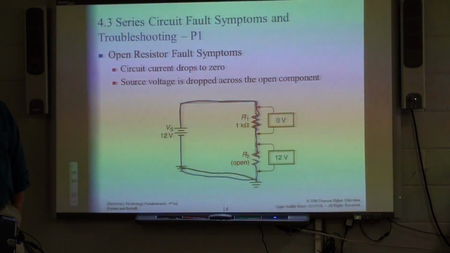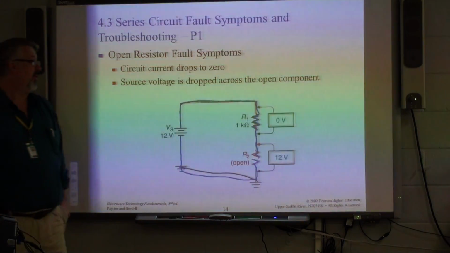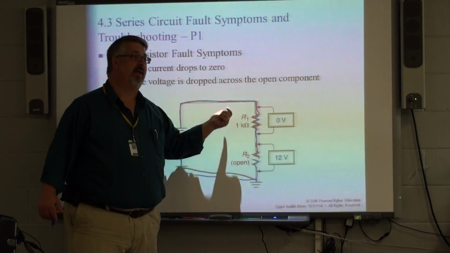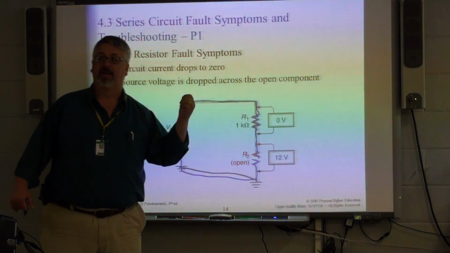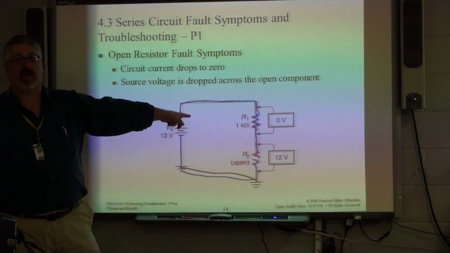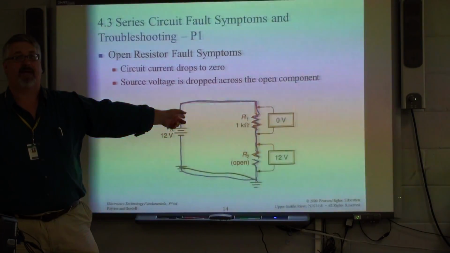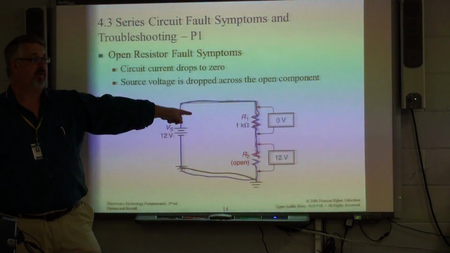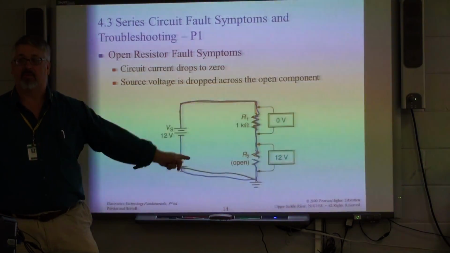Our mind wants to make us think it would read 0, or this guy would drop something at the very least. But this guy's not dropping anything because there's not a current path. The only way we can have a drop is if we have a current path back to the source. So a resistor doesn't drop anything when we've got this set up right here. We'll read source voltage.